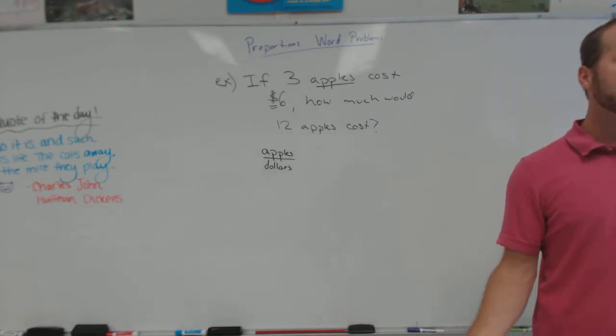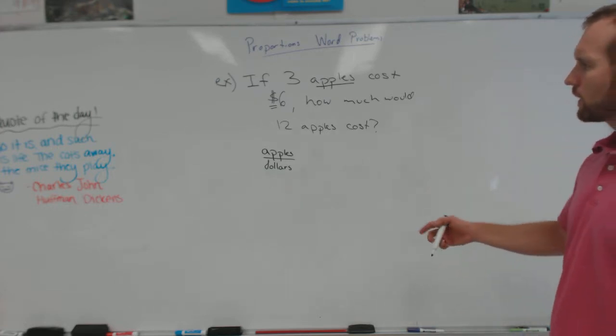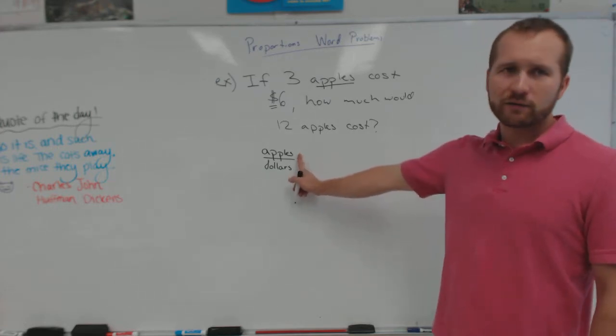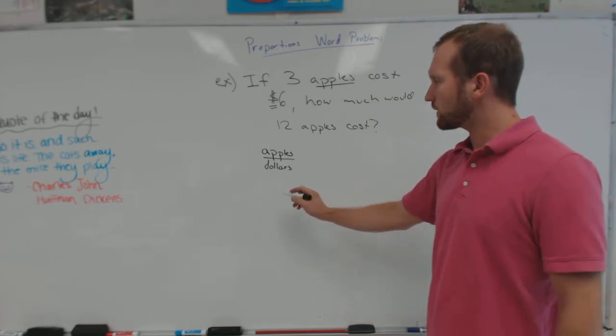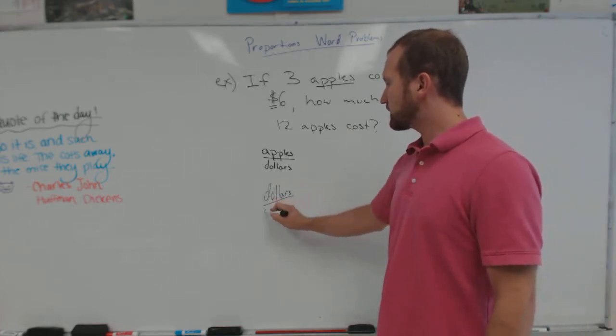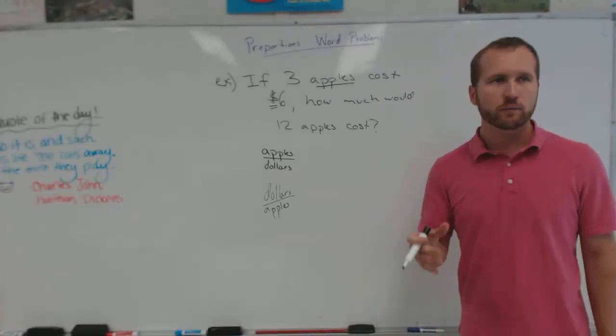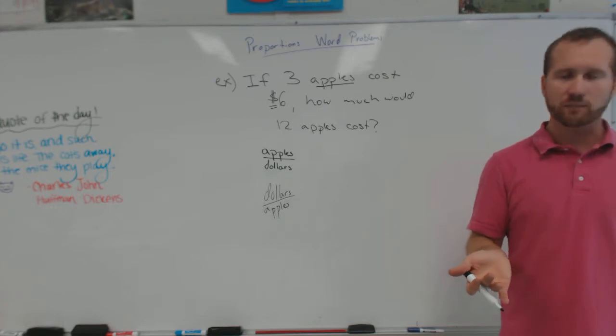Now with these word problems, you'll always have a variable in one place. Okay? It also doesn't matter if you do it apples to dollars or dollars to apples. You get the same answer, as long as both sides of your proportion, both ratios, go the same way.